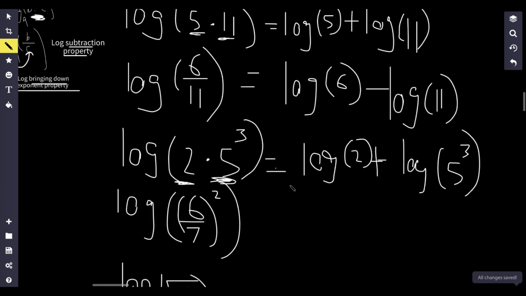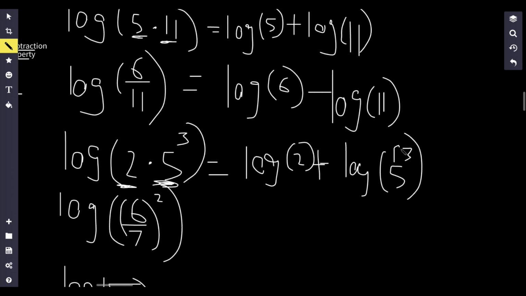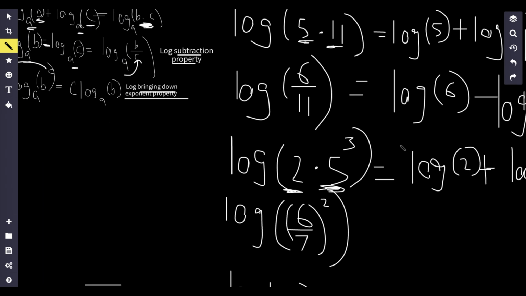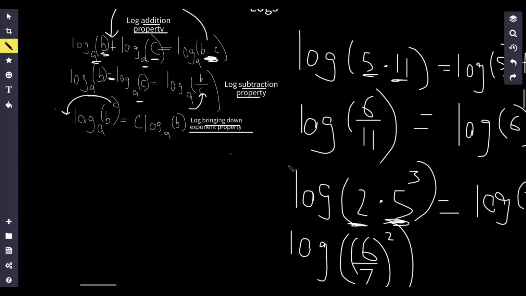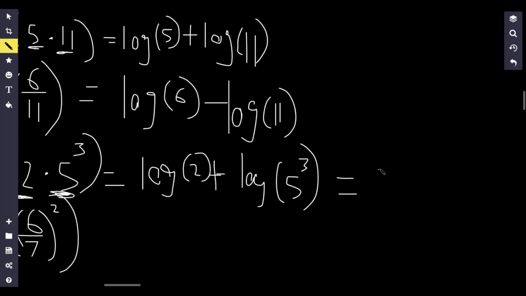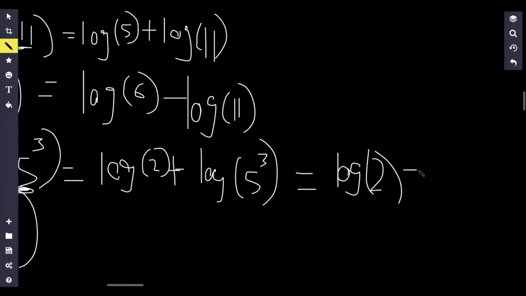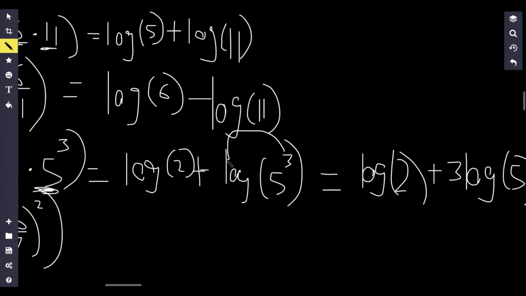Whenever I have something to an exponent inside a logarithm, we can bring down the exponent. So this is actually equal to log base 10 of 2 plus 3 times log base 10 of 5. I essentially just brought down the exponent, and I got this.